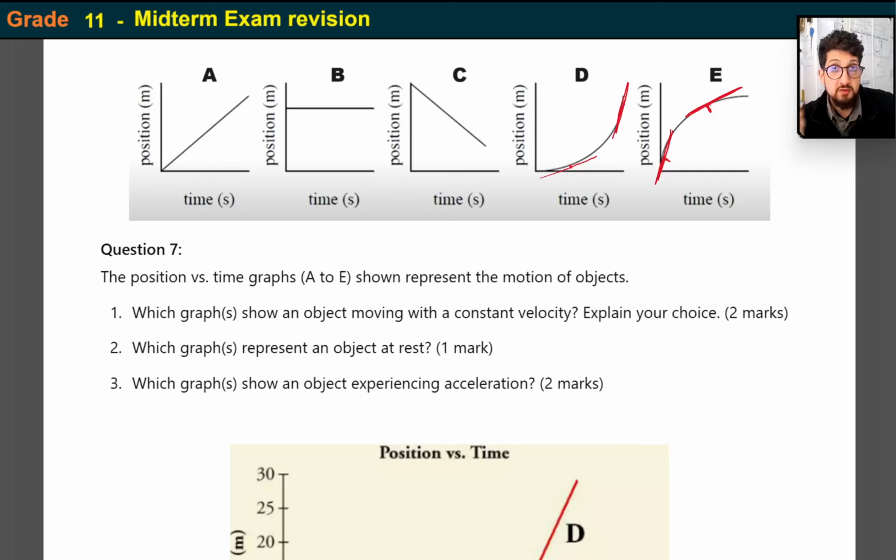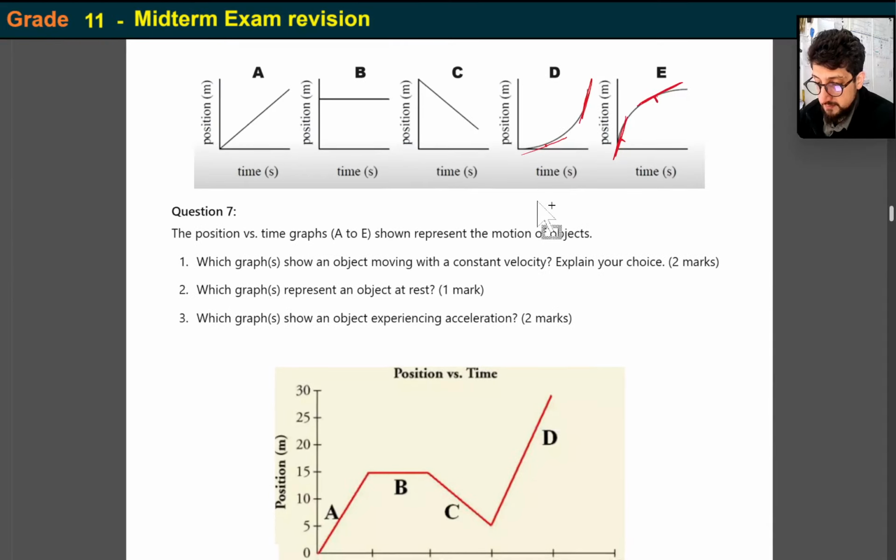Acceleration means all three things, either speeding up, slowing down, or changing directions. So since this one is speeding up, then that's acceleration. And since this one is slowing down, that's also acceleration. So the answer to this is going to be both D and E.